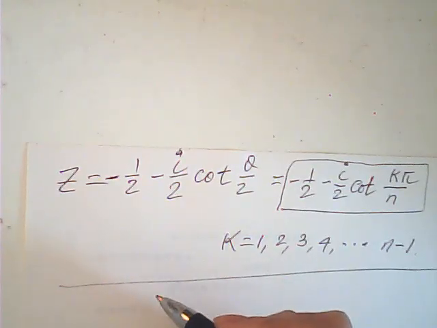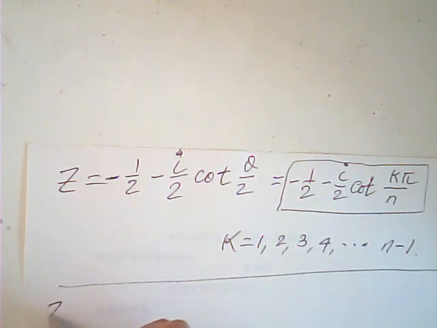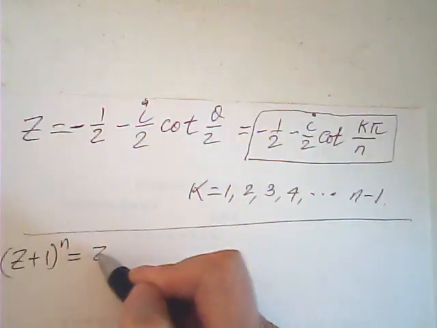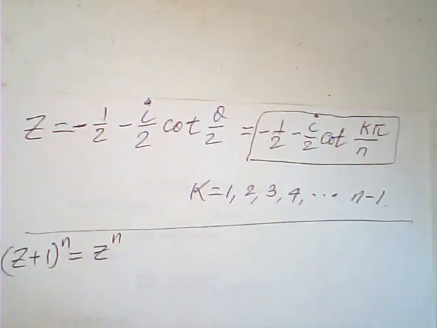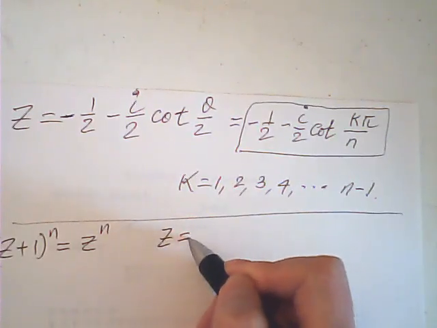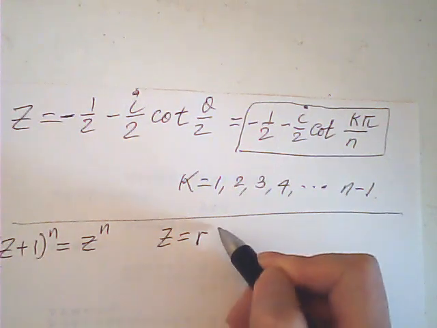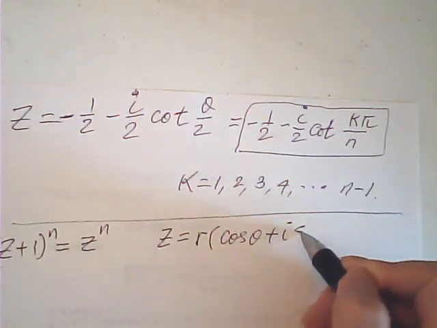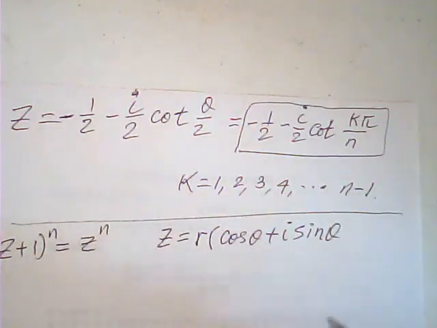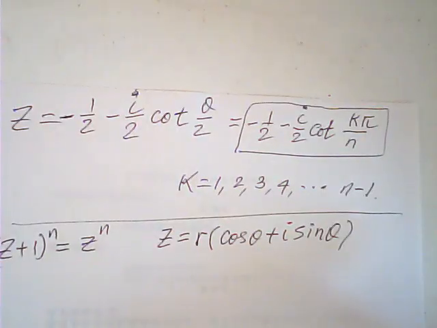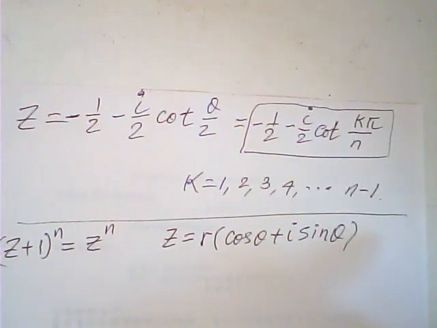Okay, the second method: (z + 1)^n = z^n. In method 2, I'll let z be r times (cosine theta plus i sine theta). Here, r is the modulus and theta is the argument. There's no problem.